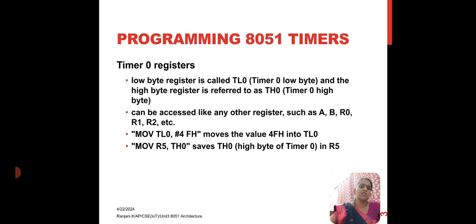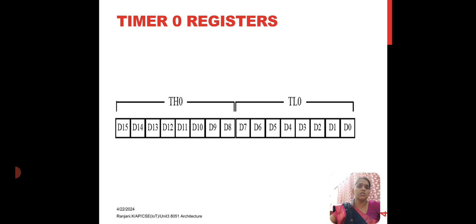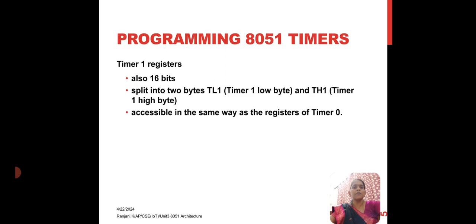Here the instruction MOV TL0, #4FH moves the value of 4FH into TL0, and this is the format of the timer 0 register, where D0 to D7 is for the lower byte, and D8 to D15 is for the higher byte of the timer 0 register.